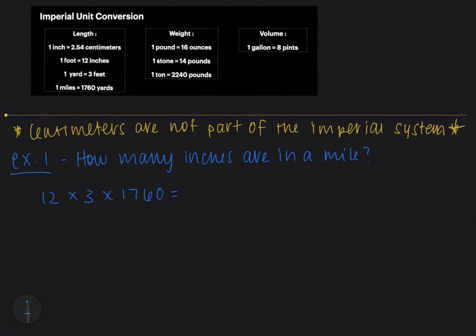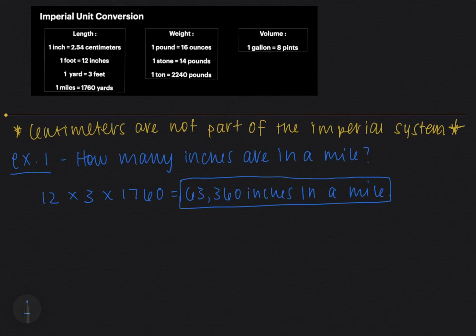And when we multiply this, we are going to find out exactly how many inches are in a mile. So if you have your calculators, if you want to multiply this out, you should get 63,360 inches in a mile. Okay, so that is how we would solve the first one.